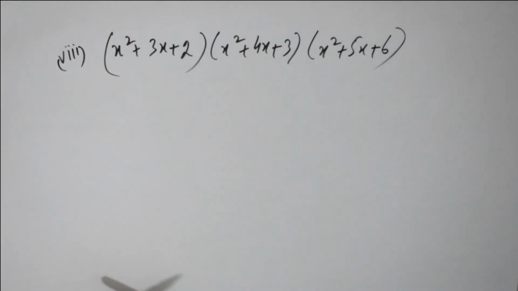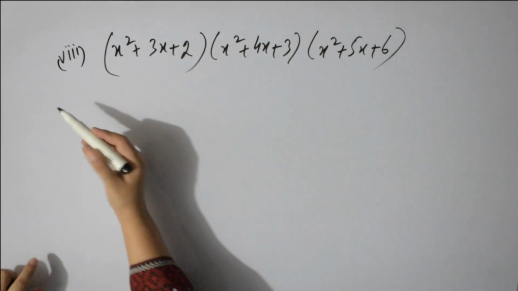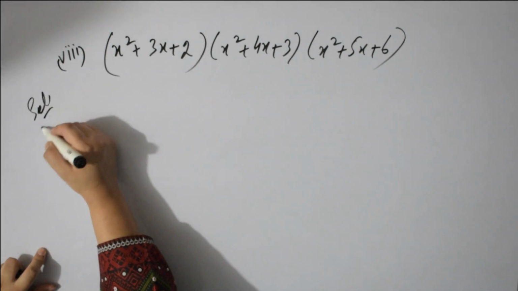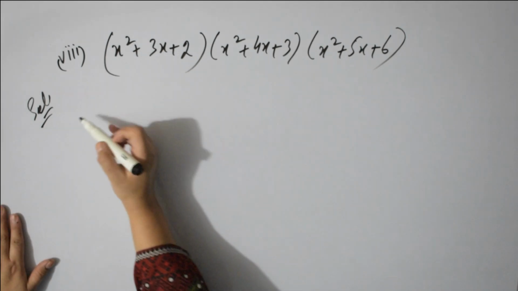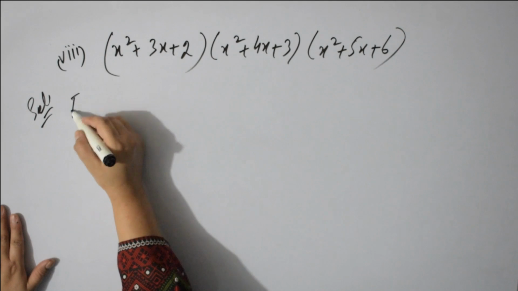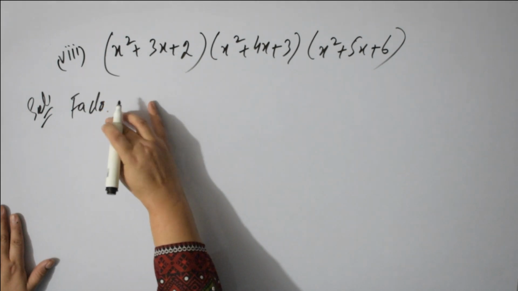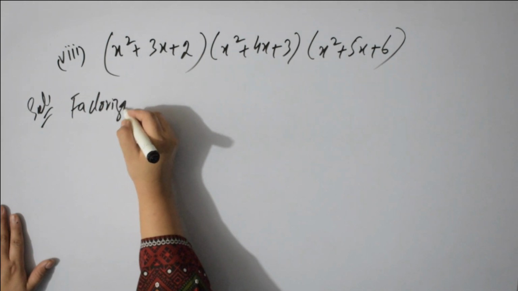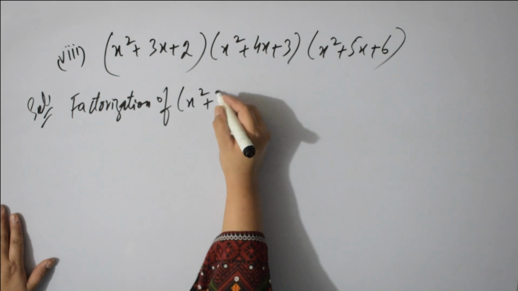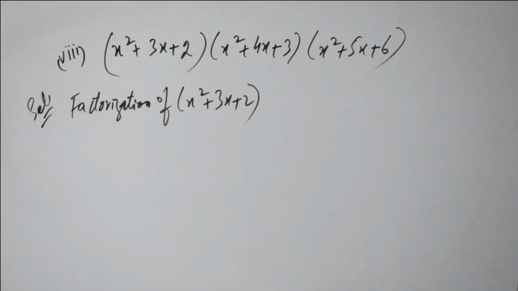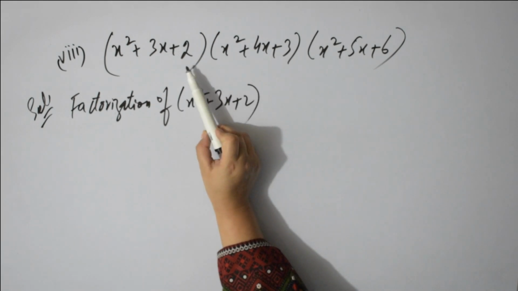Okay, now its 8th part is x^2 plus 3x plus 2, this one and this one. First, in the solution, we will do factorization. You get linear factors, okay? To get linear factors, factorization of, obviously it is by middle term breaking, because you see the last term is not in the form of a whole square.